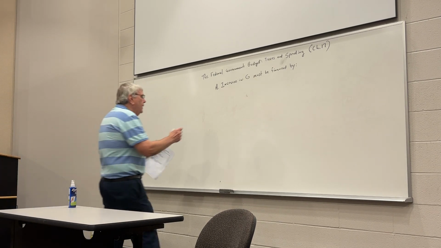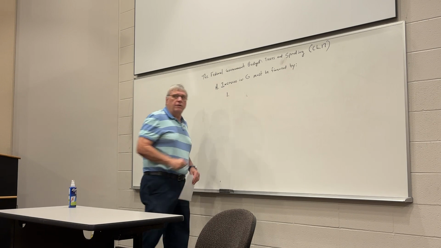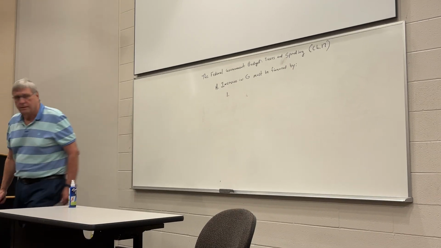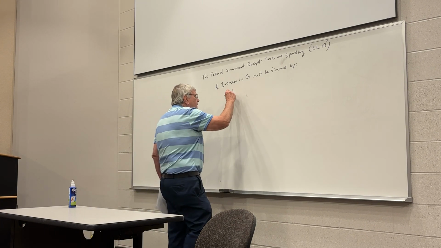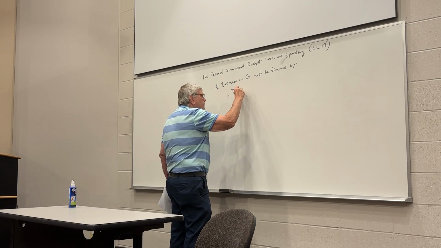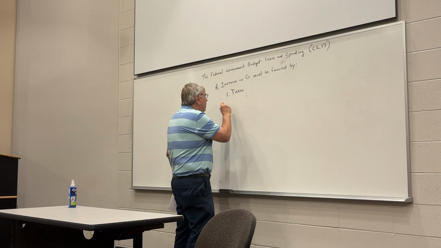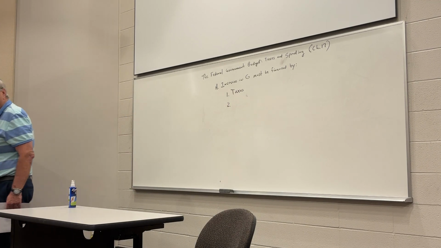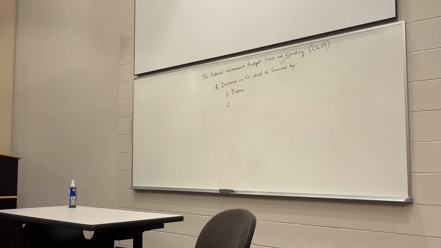Taxes. They can stick a gun in your face and take it. That is called taxes. What else can they do? How else can they get it? Import taxes, tariffs. That's called taxes. They can get you to voluntarily give it to them.